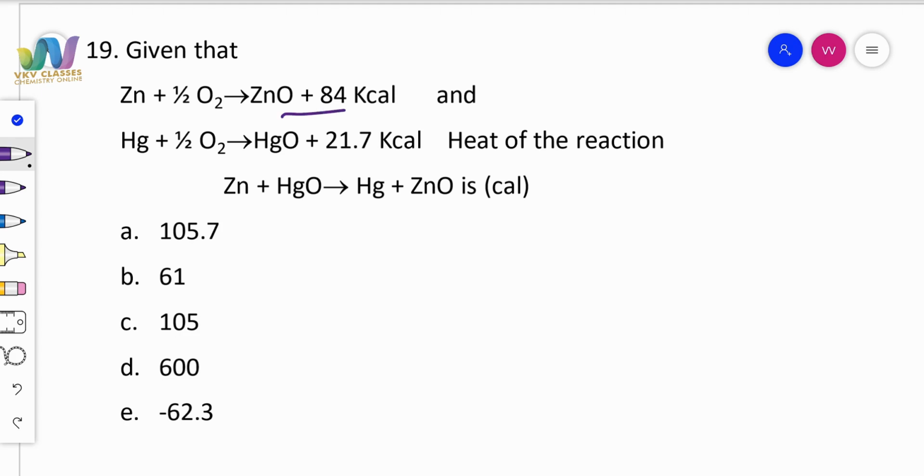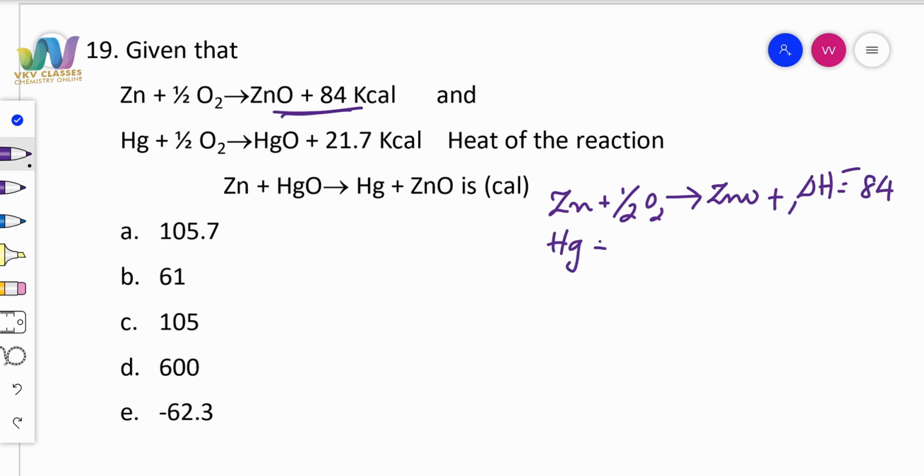In thermochemical equations, this type of writing should not be there. So you have to write this equation, or remember at least in the mind, in the thermochemical form. So thermochemical form is Zn plus half O2 gives ZnO, then delta H is equal to minus 84 kilocalories, and plus means it is exothermic. When you are converting it into delta H value, delta H will be minus 84.